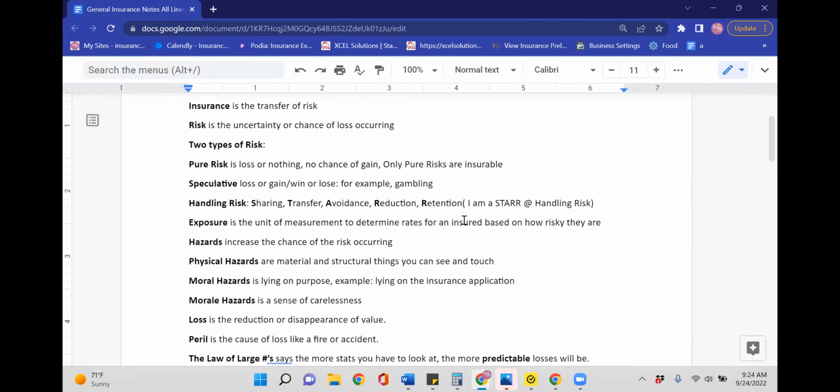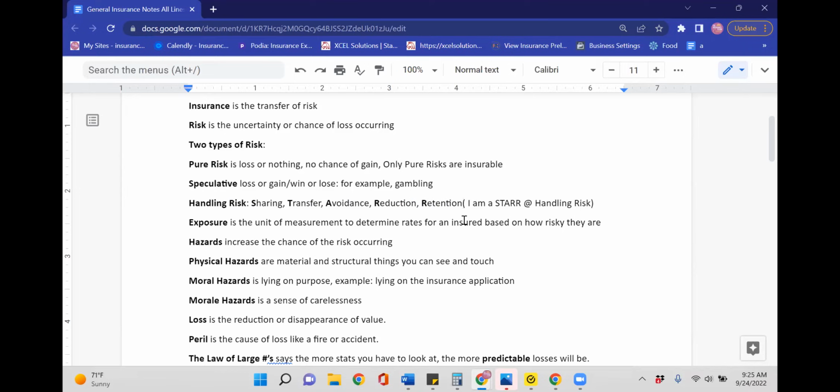Now you can keep all of it, or you can keep some of it. Self-retention or self-insurance would be keeping all of it. A deductible would be keeping some of it. When you have car insurance and you have a $500 deductible and you crash your car, you have retained, you have kept the first $500 of the risk, and you give the rest to the insurance company.